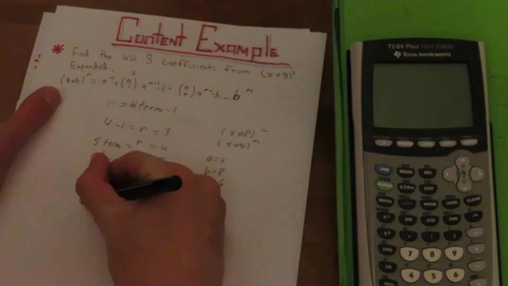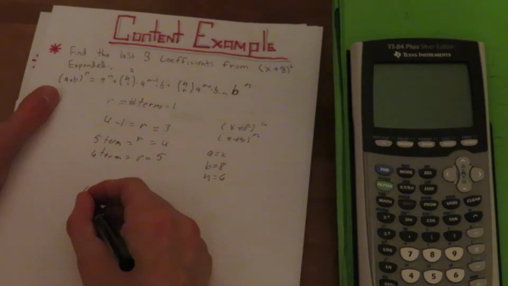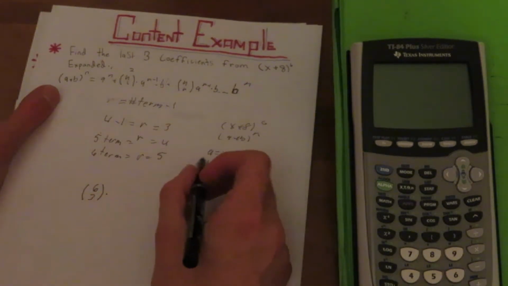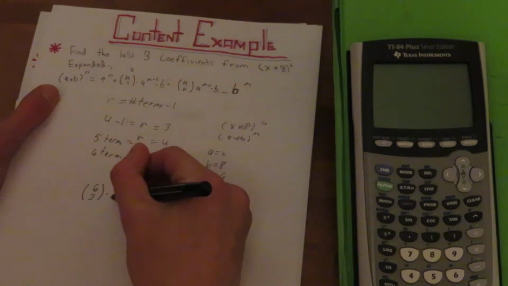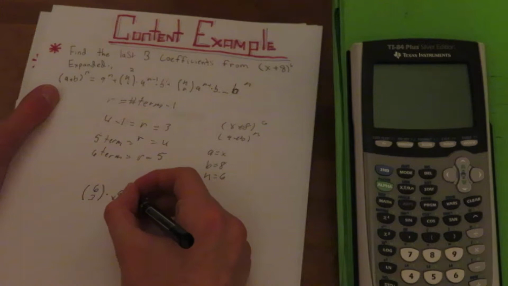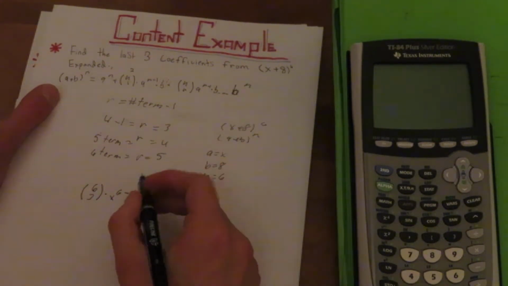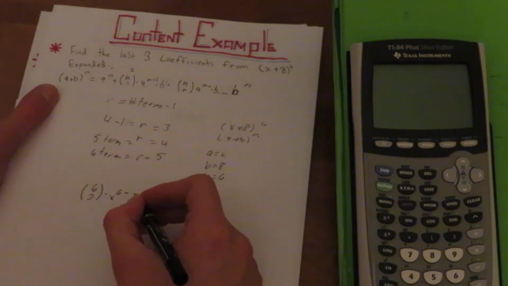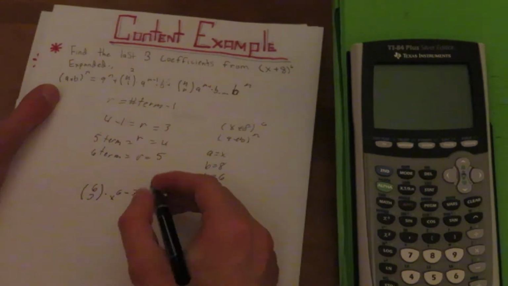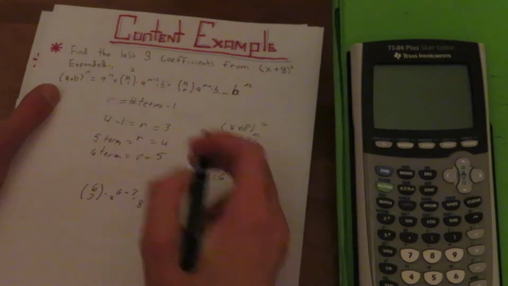So that means 6 choose 3, because our r is 3 for the 4th term, and then that is times a, which is x to the power of n minus r, which is 6 minus 3, times b, which is 8, to the power of r.